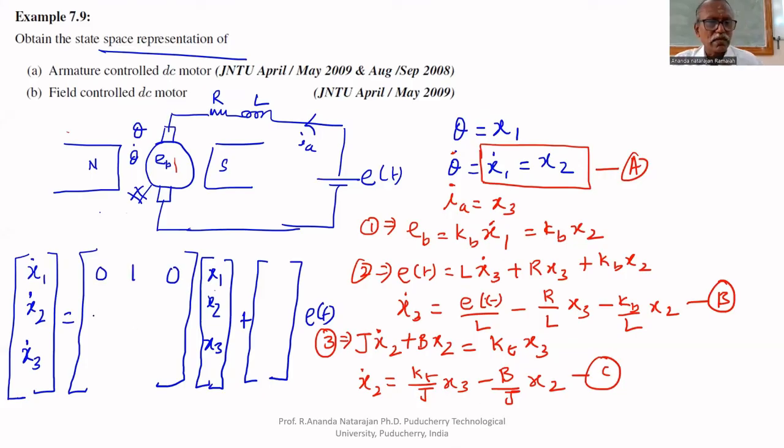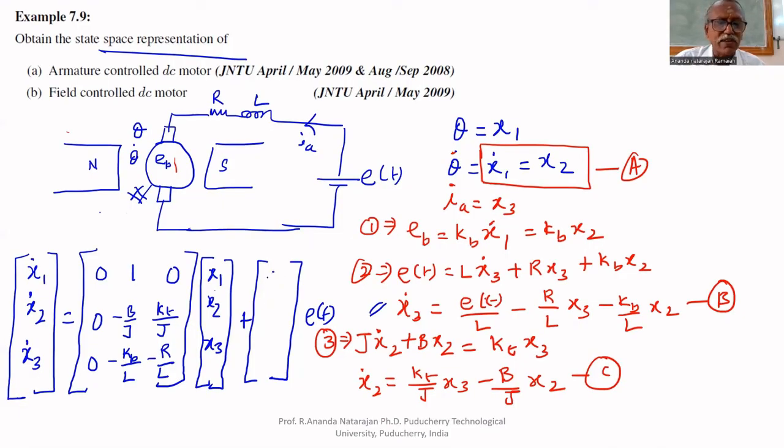For x2 dot, it is 0, minus B by J and K_T by J. For x3 dot, there is no x1, that's why 0, and for x2 it is minus K_B by L, and for x3 minus R by L. E of t is in the third equation only.